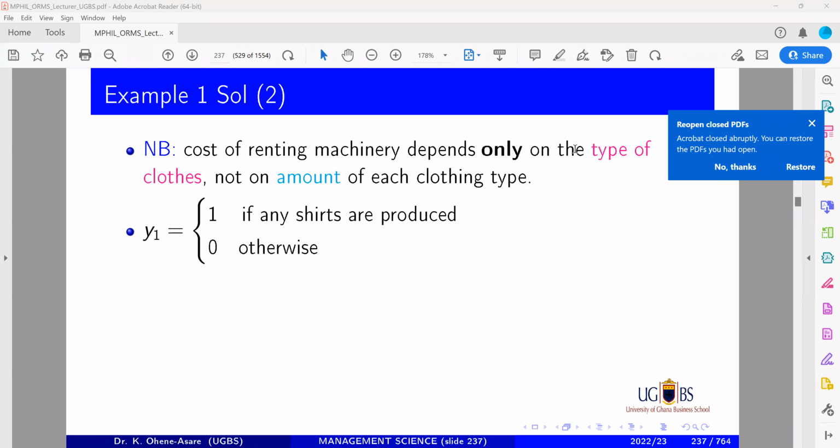So in a situation where the question states that there's maybe a quantity of shirts that each machine could make, would that make the Y1, Y2, Y3 non-binary?